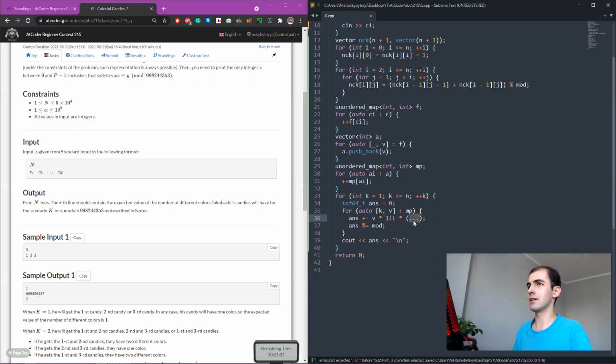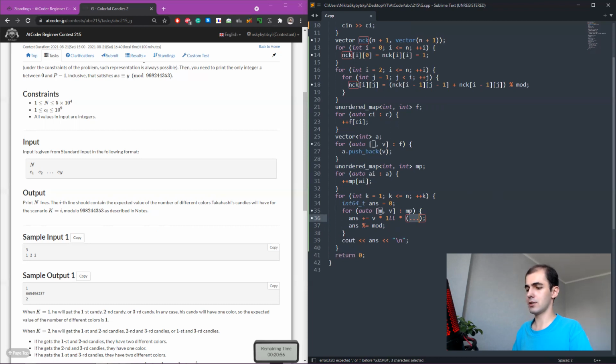Now what is this value? V corresponds to having V colors which appear m times. What's the probability that we get a color that appears m times if we choose k values out of n?